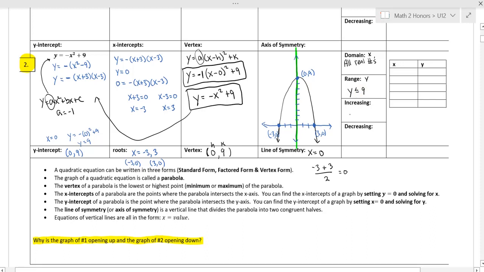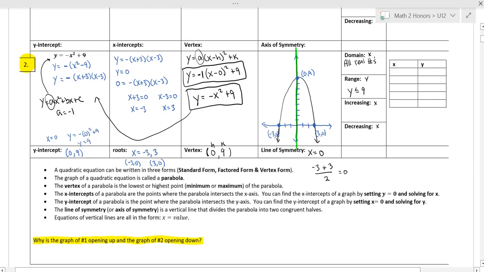Where is this graph increasing or decreasing? When we talk about increasing or decreasing, we're talking about x values only. And half your graph will increase, half will decrease. And the way you tell is you read it or you trace it from left to right. As you start tracing it from left, it's increasing until you get to the vertex.